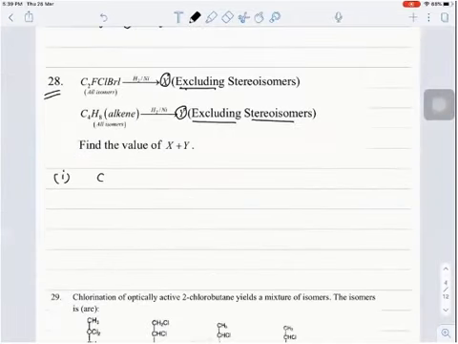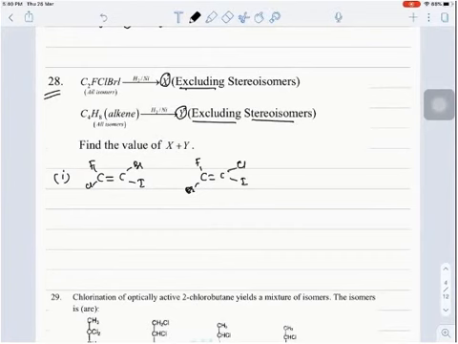In reaction 1, it is C double bond C with F, Cl, Br, I. The structures I am writing: C double bond C, F, Br, Cl, I, and C double bond C, F, I, Br, Cl.